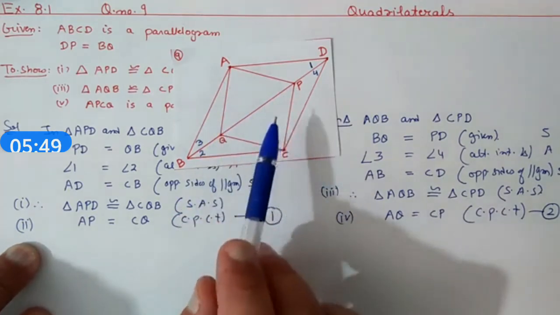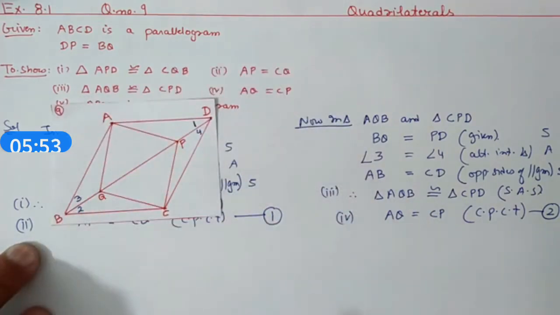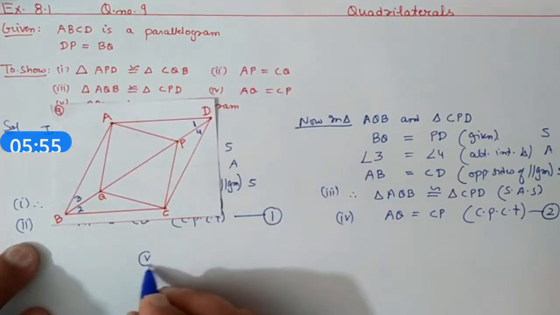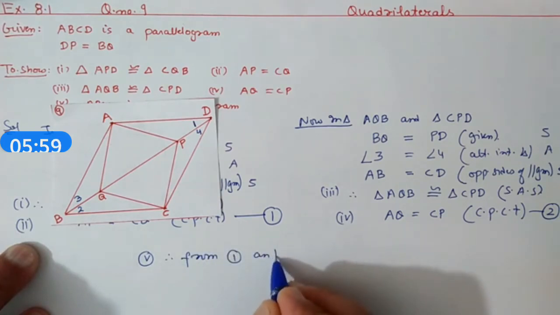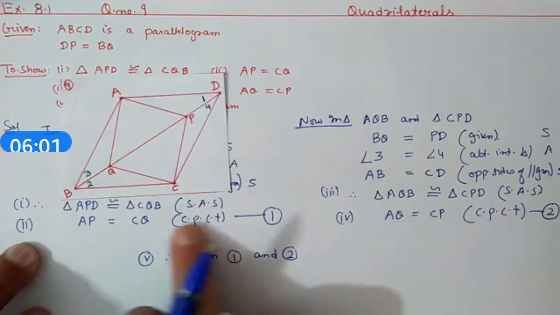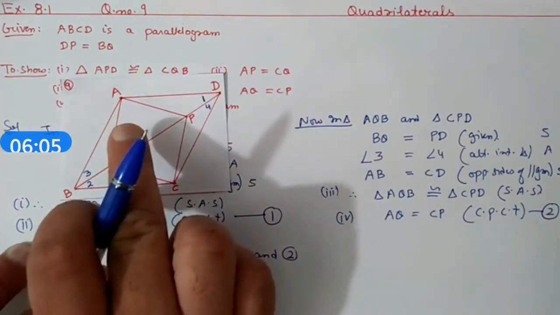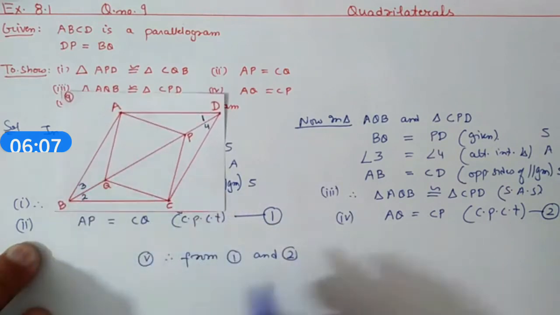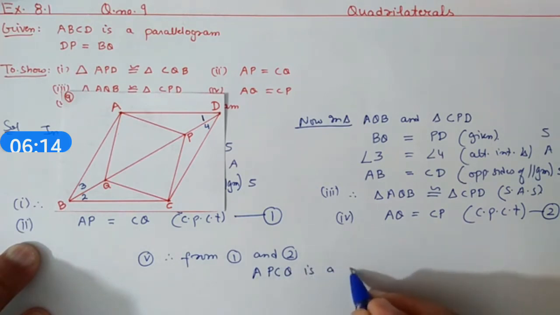If both pairs of opposite sides are equal, then we say that the quadrilateral is a parallelogram. So from 1 and 2, APCQ is a parallelogram, because we have found both the pairs are equal. So you will just mention here APCQ is a parallelogram.